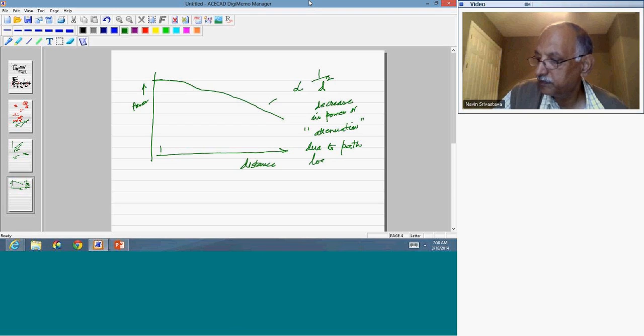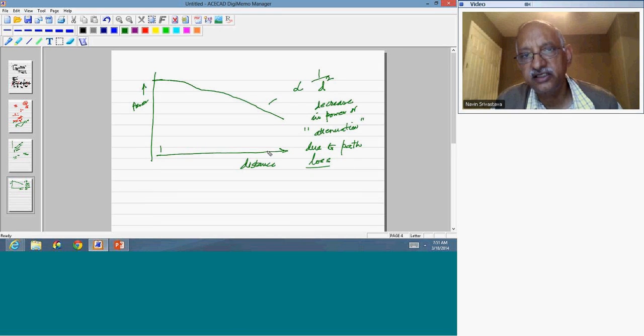So this is the first loss, due to distance. As the distance increases, my power is reducing, inversely proportional to the distance square.